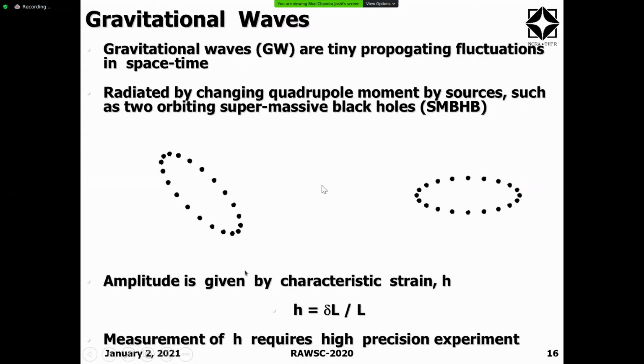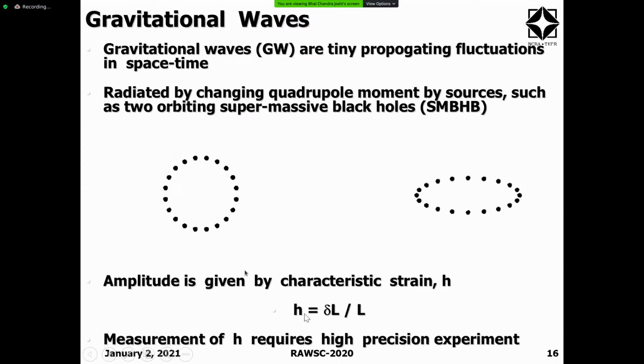The amplitude of the gravitational wave is the dimensionless ratio between the stretch and a particular length. If you have a detector which has a length of L, this detector will shrink or stretch by delta L when a gravitational wave with a characteristic strain h is passing through it.